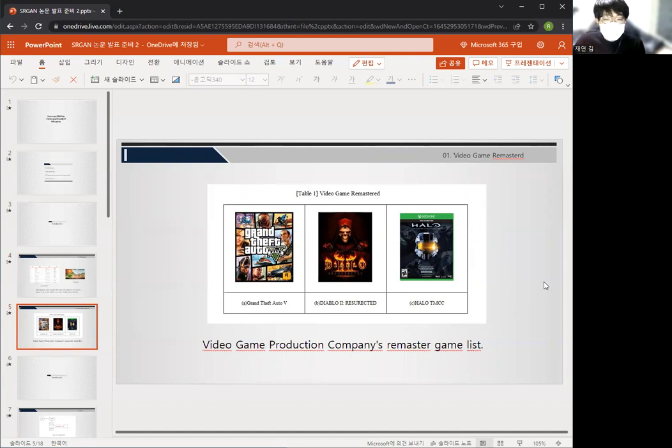However, these high-resolution upgrades are costly, financially and time-consuming. Therefore, this paper proposes a method of increasing the graphic resolution of classical games and maintaining the texture expression using SRGAN.